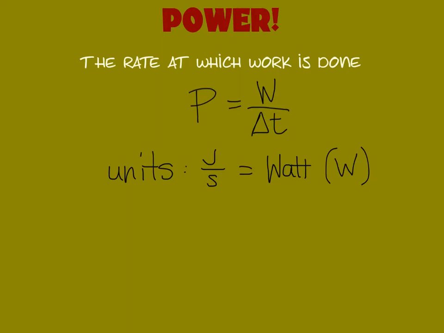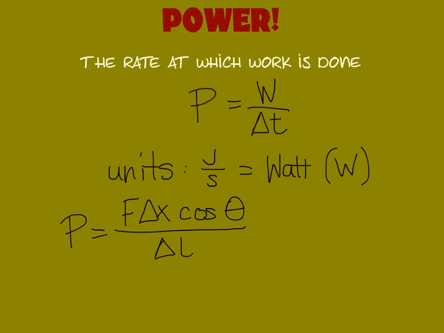I know that work is equal to force times displacement times the cosine of theta. When I divide that by time, I notice that I have a delta x over delta t. That is otherwise known as the velocity.